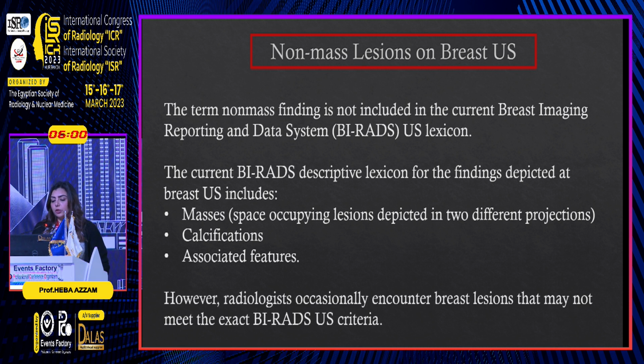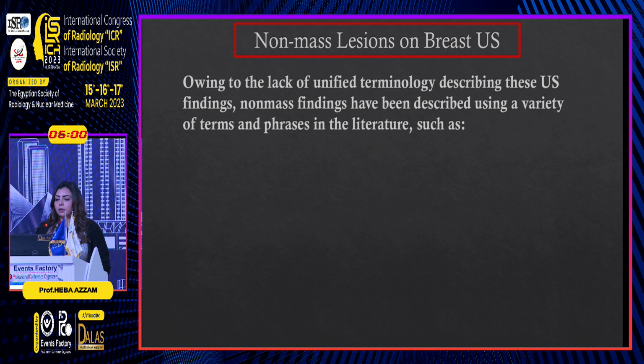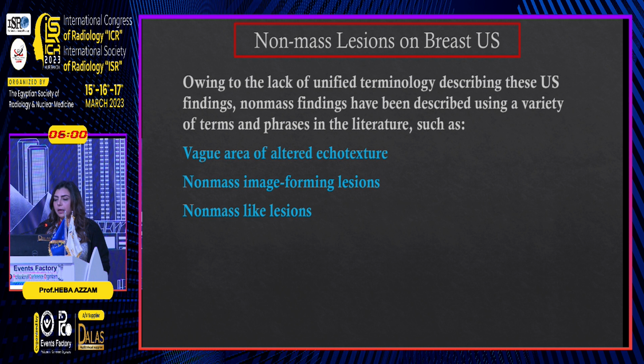However, radiologists occasionally encounter breast lesions that may not meet the exact BI-RADS ultrasound criteria. Owing to the lack of unified terminology describing these ultrasound findings, non-mass findings have been described using a variety of terms and phrases in the literature, such as vague area of altered echotexture, non-mass image-forming lesions, non-mass-like lesions, and non-mass lesions.